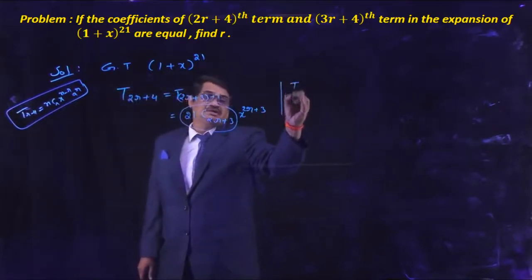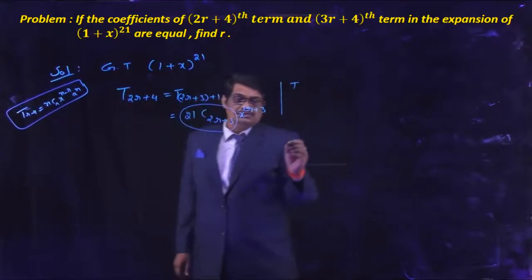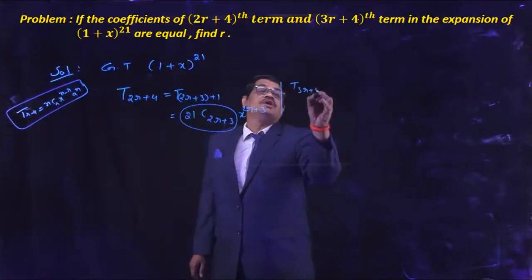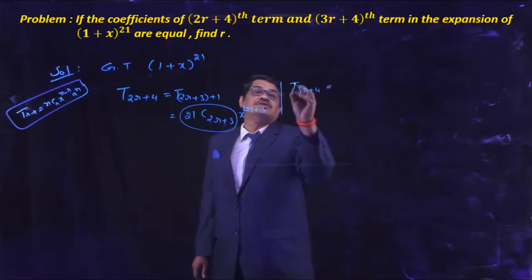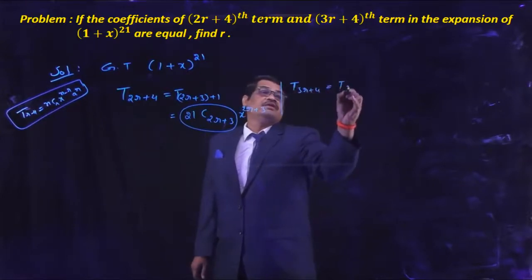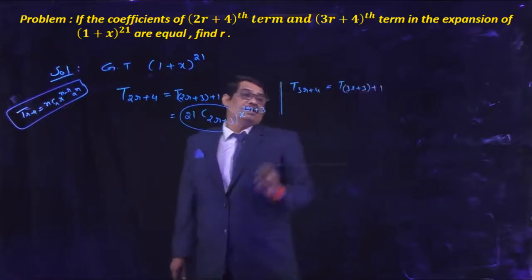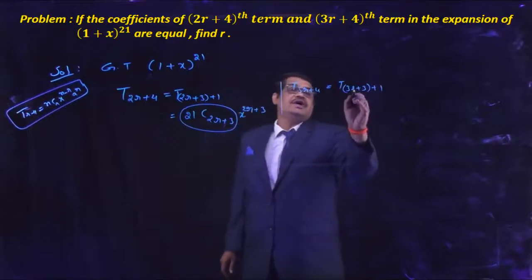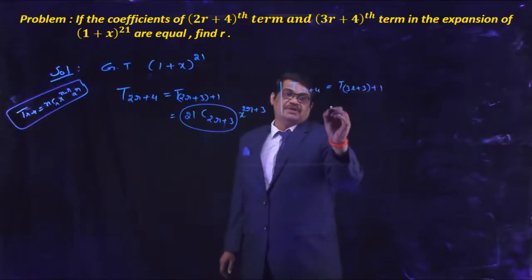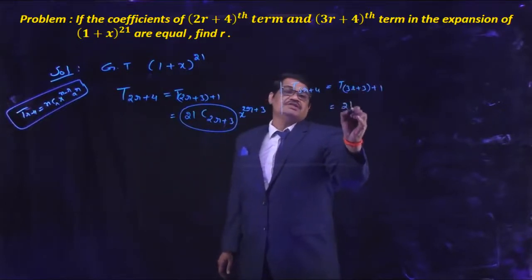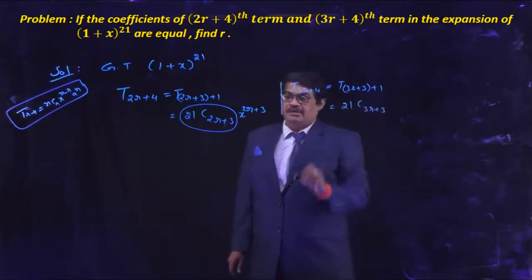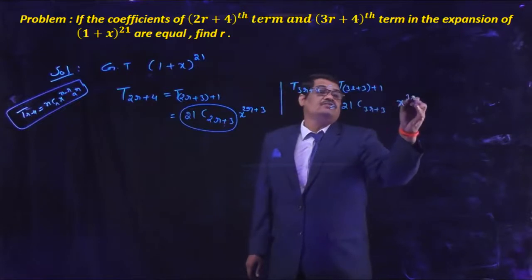What is next? The second term, that is the 3r plus 4th term. Now we are writing 3r plus 3 plus 1, since 4 can be written as 3 plus 1. Now here r is 3r plus 3. So nCr with r as 3r plus 3, and x to the power of 3r plus 3.